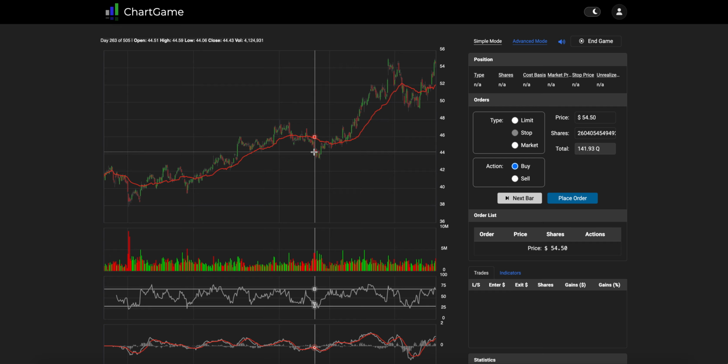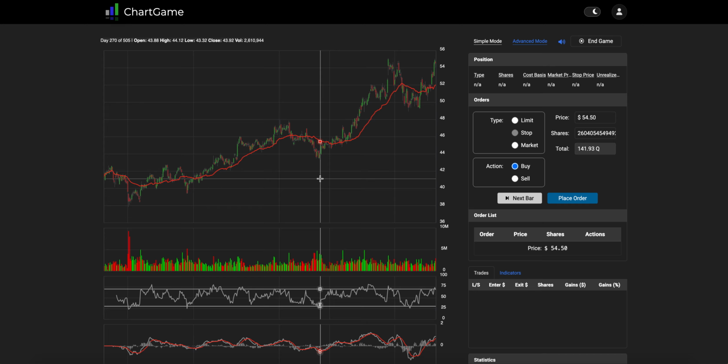And it swept a prior demand zone, both important factors to improve the probability of it being successful and actually hitting a measured move. So we'll just take the high 47.84, the low 43.32.